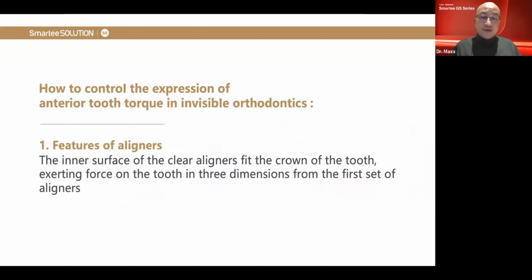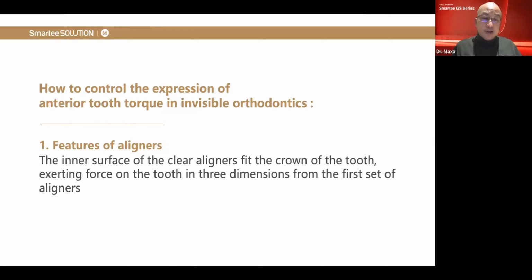Because the first reason is the features of aligners. Because the inner surface of the clear aligners fits the crown of the tooth, exerting force on the tooth in 3 dimensions from the very first set of aligners. It's quite different from the braces. Braces, we put the wire from very thin wire to the rectangular wire, so step by step.